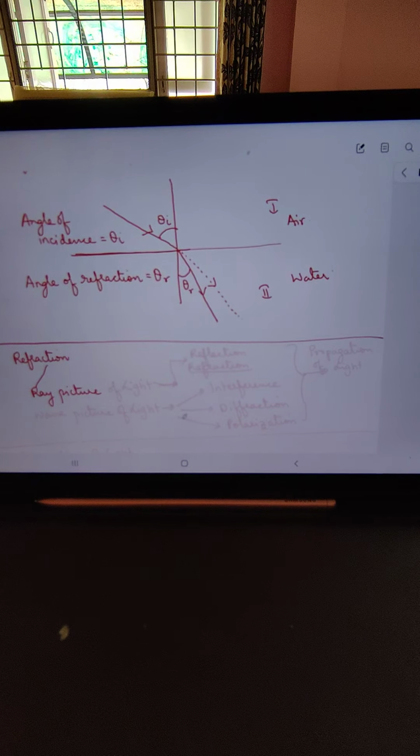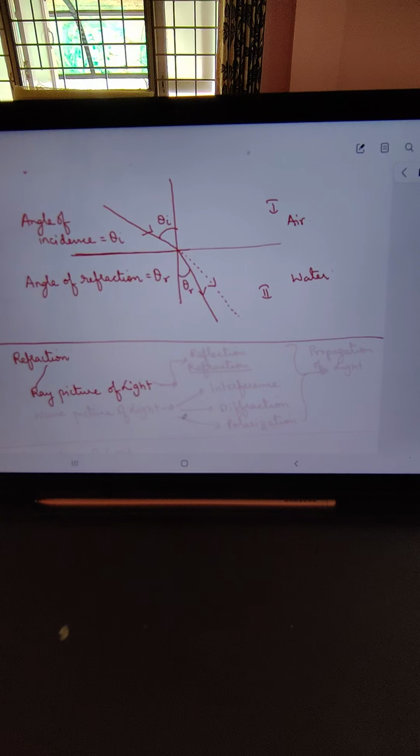So when we are studying ray optics or geometrical optics, there is one topic called refraction. In this ray picture of light, we always assume that whenever light is being emitted by a source or from a secondary source, when it is reflected from its surface, that light is traveling in the form of a series of rays, right?